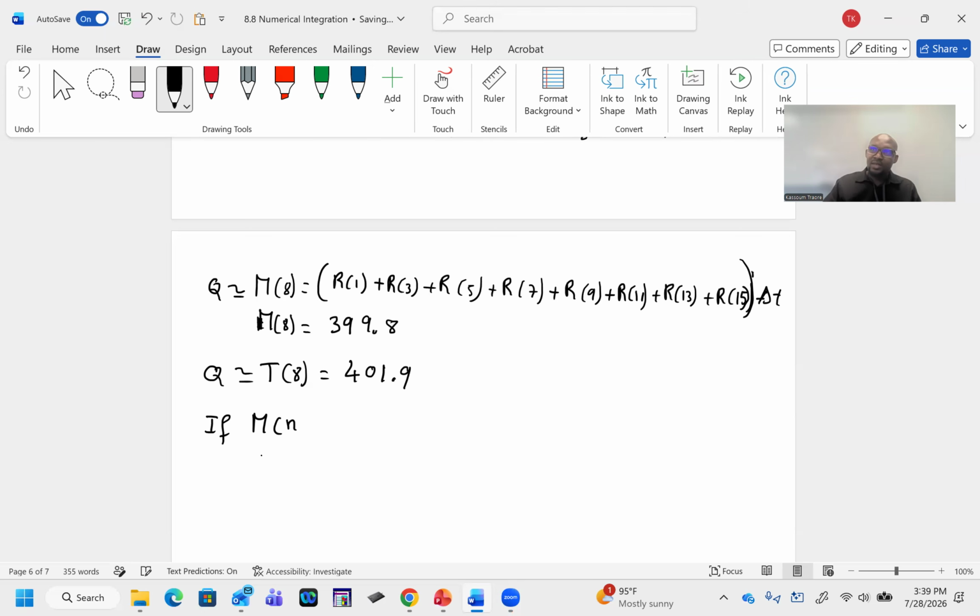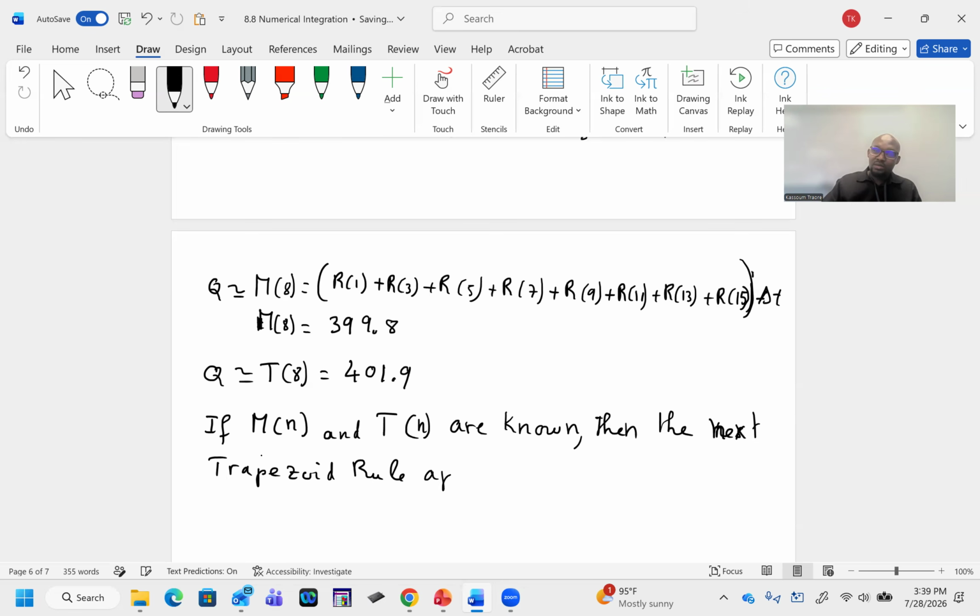But you need to know, if the midpoint of n subintervals is known and the trapezoid of n are both known, then the next trapezoid rule approximation is T of 2n will be equal to Tn plus Mn divided by 2.